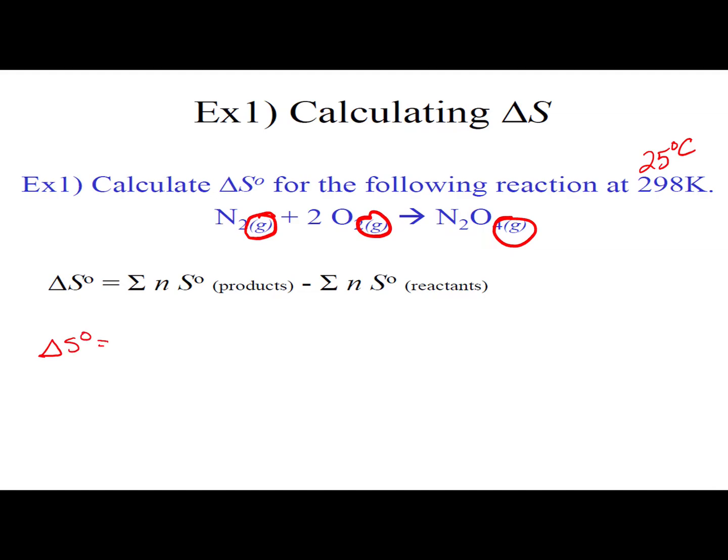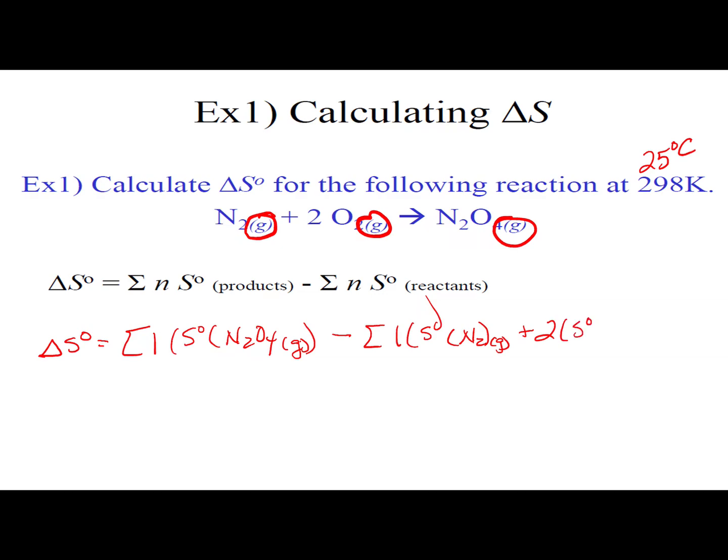And so our delta S° in this case, our product, we have N2O4, so we have 1 of those. We're going to take 1 times whatever the entropy of N2O4 is, minus 1 times the entropy of whatever the N2 is, plus 2 times whatever the standard entropy of the O2 gas is.